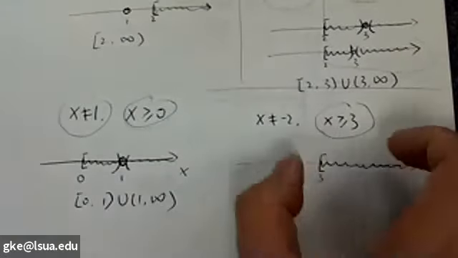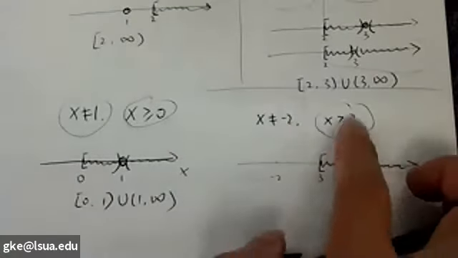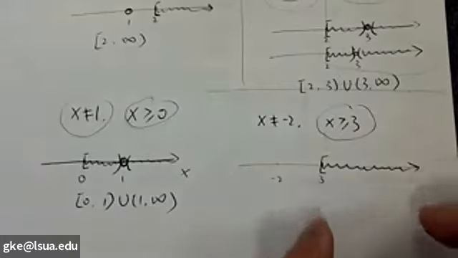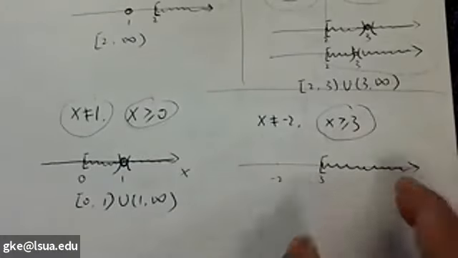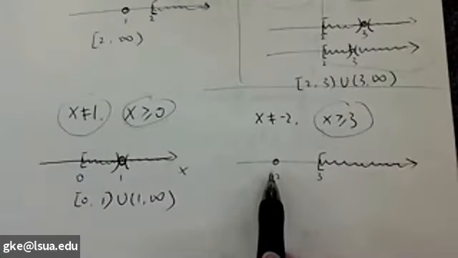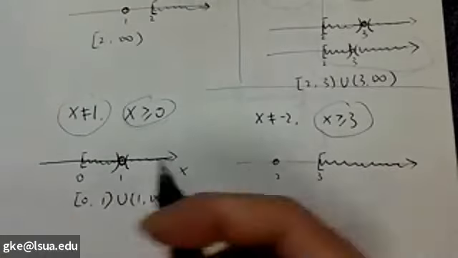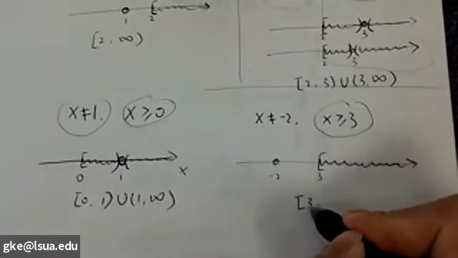That's how you draw this inequality, right? It's like that. And for this inequality, it doesn't equal -2, so it's a circle. And this guy is a breakpoint, but doesn't break this part, right? So we see 3 to infinity.